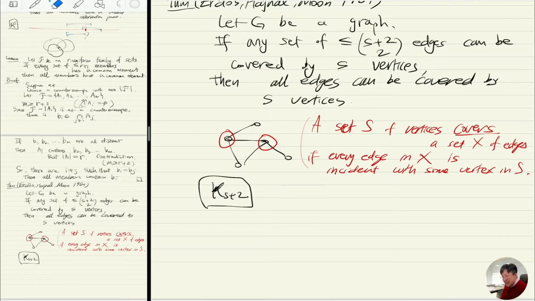If you had a bound better than S plus 2 choose 2, then I give this graph. If you don't select all the edges, then you can pick S vertices so that the complement is not an edge, which covers every edge in the set. So this satisfies the property that any set of fewer than S plus 2 choose 2 edges can be covered by S vertices, and yet not all edges can be covered by S vertices. So this shows that the bound S plus 2 choose 2 is tight.